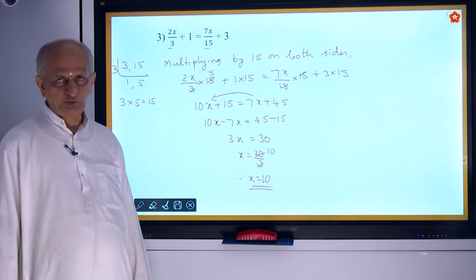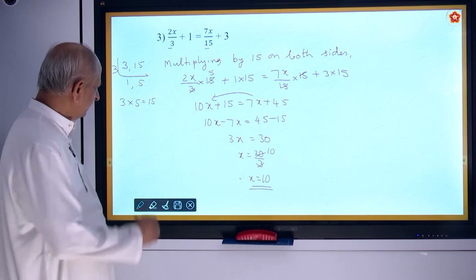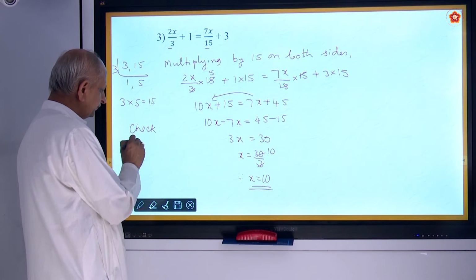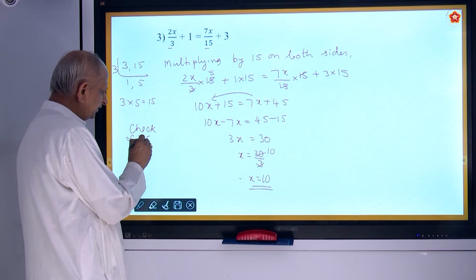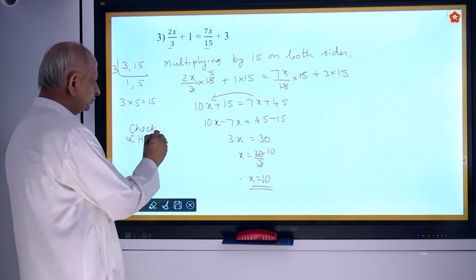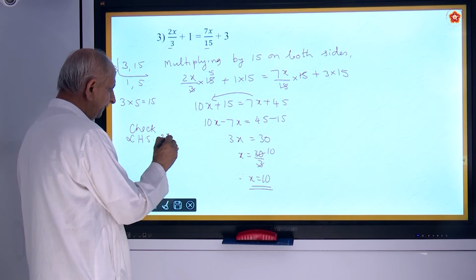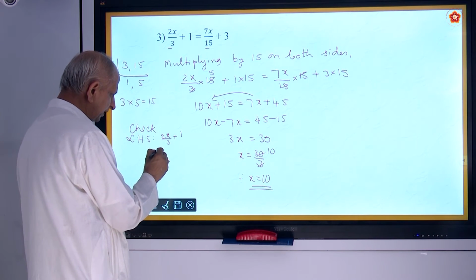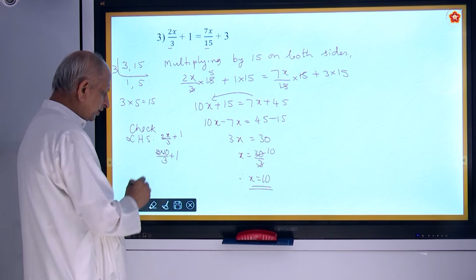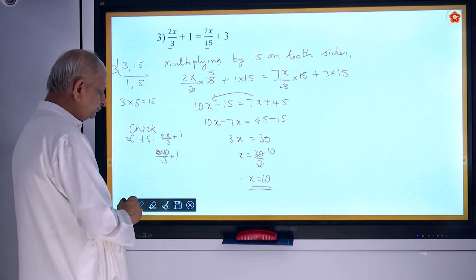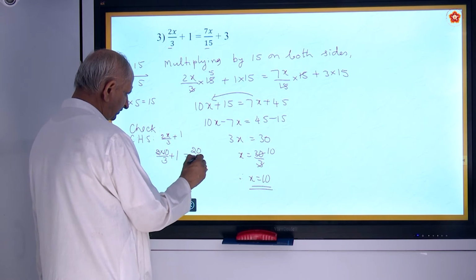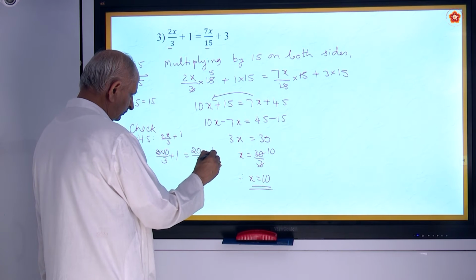Now, whether it is correct or not, how do you do it? That is called checking. So, for checking, you must take the left hand side and the right hand side. What is the left hand side? 2x by 3 plus 1. 2 into x, 2 into 10 by 3 plus 1. That is 2 into 10 is 20. 20 by 3 plus 1.